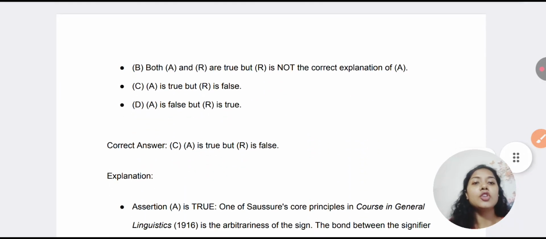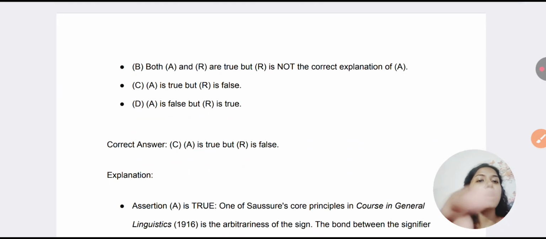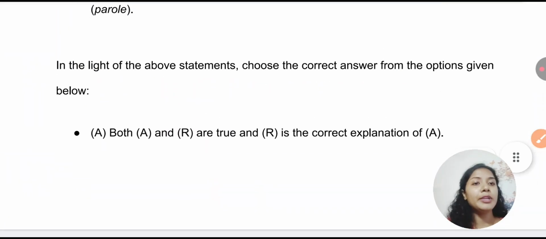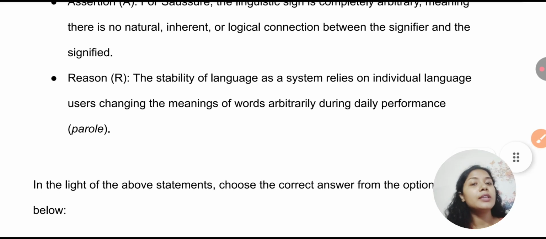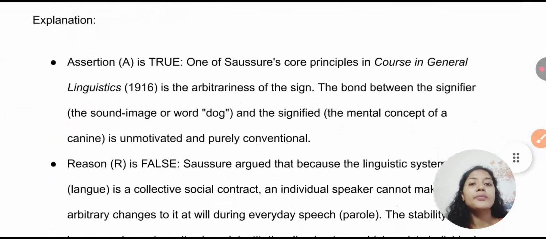Correct answer is option C. A is true, R is false. So arbitrary, he said that there is no natural or inherent connection between the signifier and the signified. Okay, and the reason is false. Why?